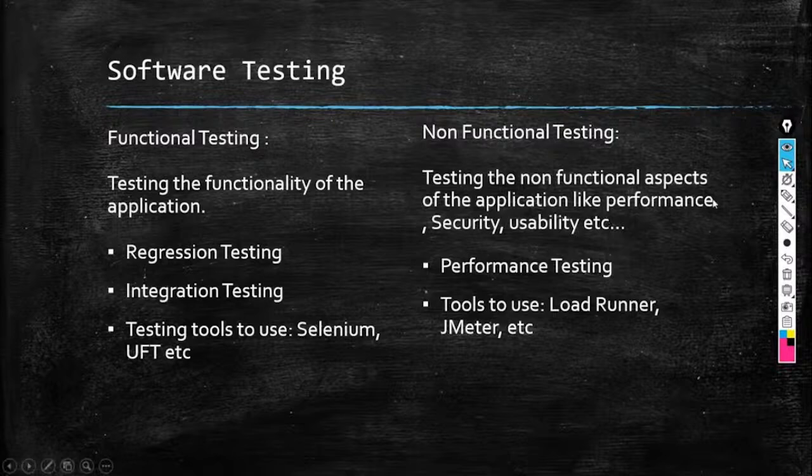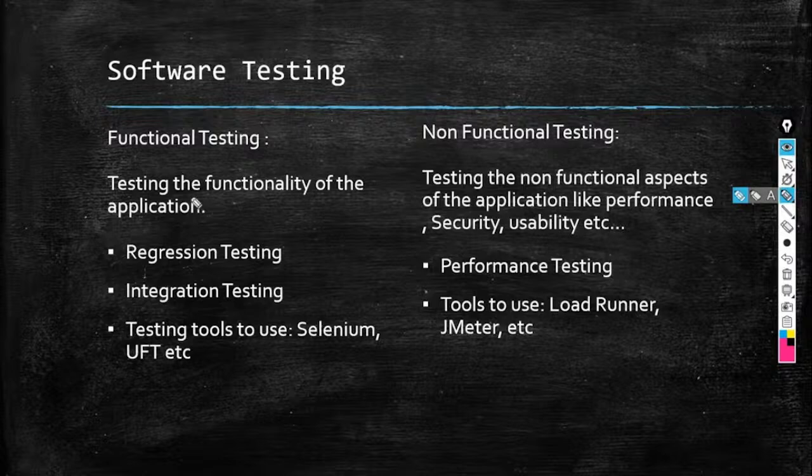Functional testing is all about testing the functionality of the application. So it primarily focuses on the core functionality aspect. For example, not from any software perspective, but in general, let's take an example of a lift.